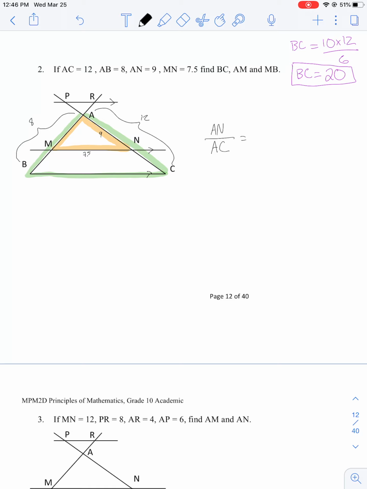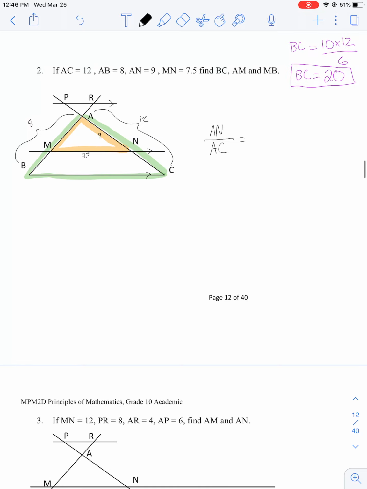And that ratio, whatever that number is, needs to be the same ratio for all sides. So my base would come next, MN, the small base, 7.5, multiplied by my scale factor, needs to get my base of my larger triangle. And then, of course, my third side follows suit. So AM times something needs to equal AB.